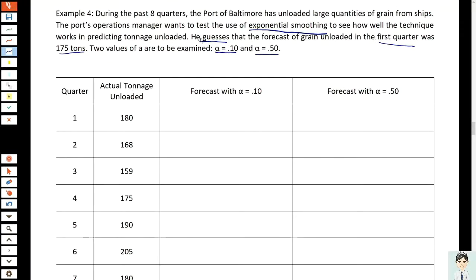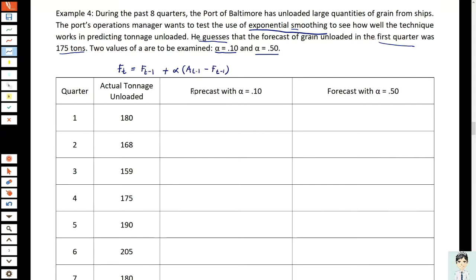So, he said we will use exponential smoothing. What is the formula for exponential smoothing? Remember, we have the new forecast is equal to the previous period's forecast, F sub T minus 1, plus the smoothing constant alpha multiplied by the difference of the actual demand of the previous period minus the previous period's forecast. Correct.